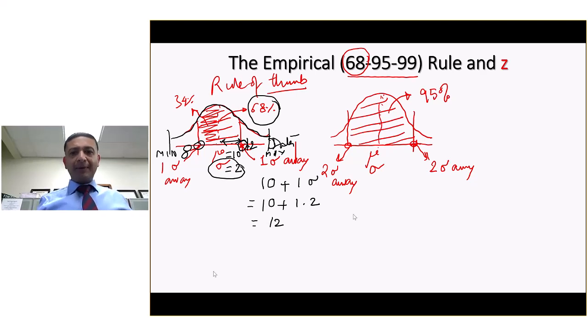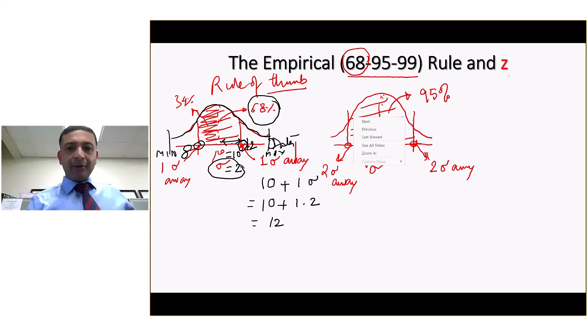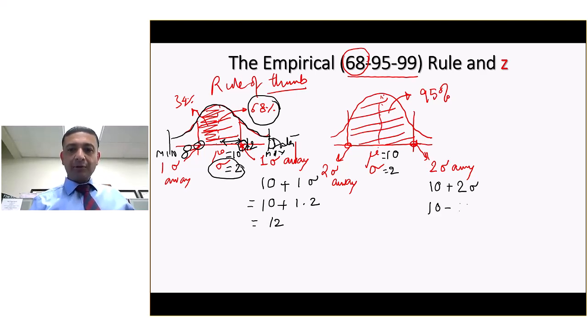So we can apply the same concept here that we applied in the 68%. If I once more imagine that my mu is 10 and my sigma is 2, this point turns out to be 10 plus 2 sigma, which is 10 plus 2 times 2, which is 10 plus 4, which is 14.